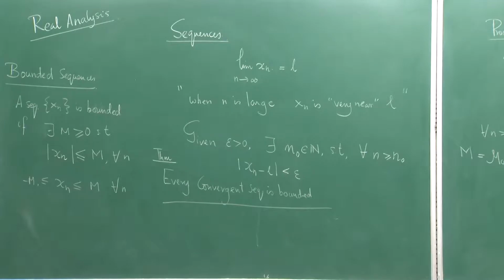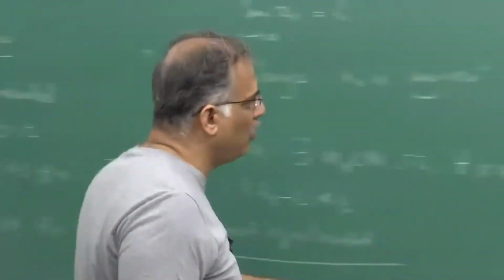Now, there are only a finite number of them left. So, you take those values, the finite number of parts of the sequence which you have not considered, because everything beyond that goes inside the band of length 2 around L. Now, among the remaining finite part, you take the maximum one.